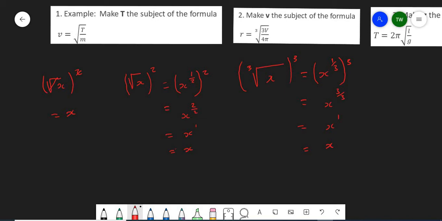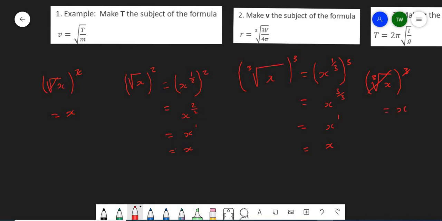So another way to look at it is to say that if you have the cube root of x and you want to remove this cube root sign, all you do is to cube, and then by cubing it, the 3 on the outside cancels out the cube root sign, and that just leaves you back with x.